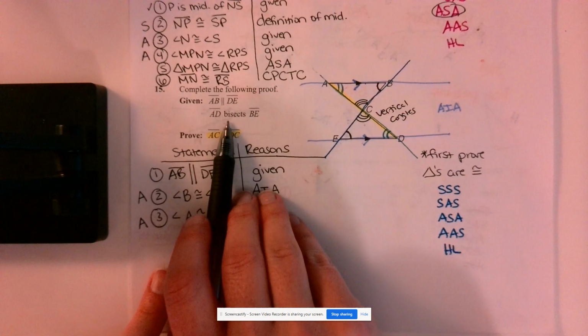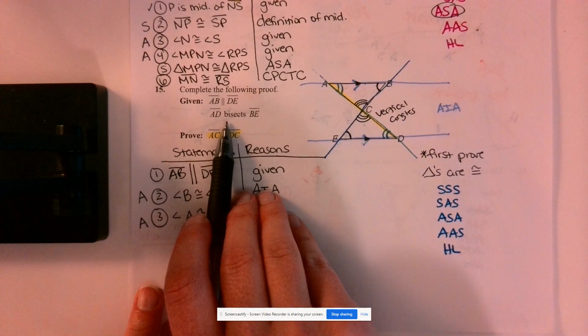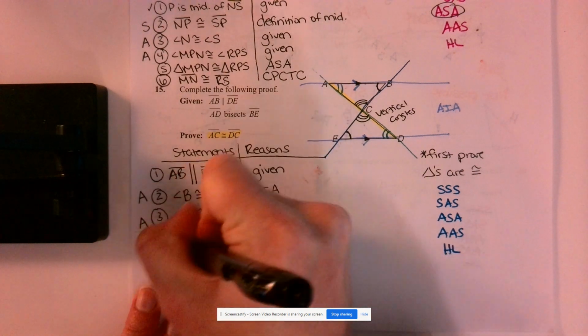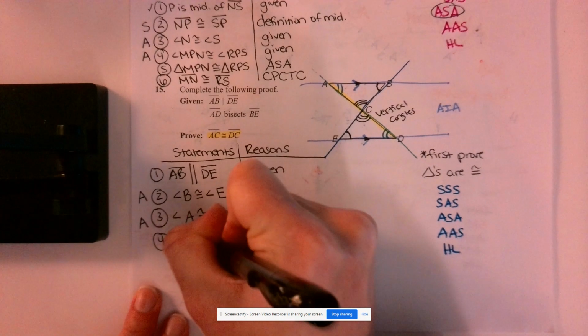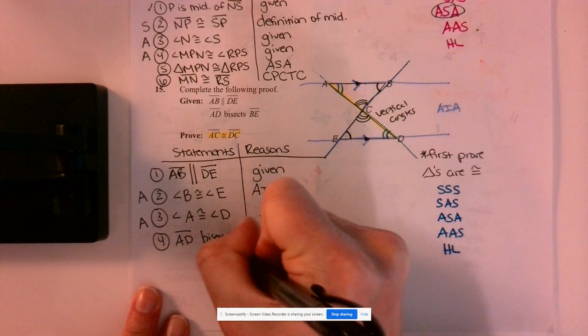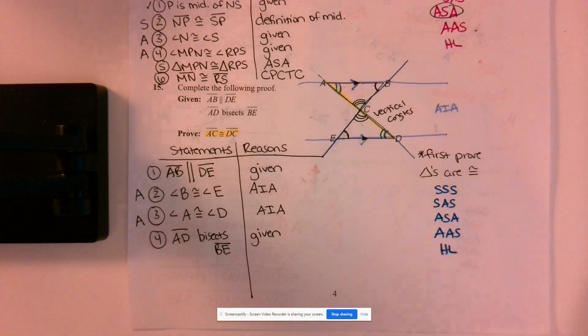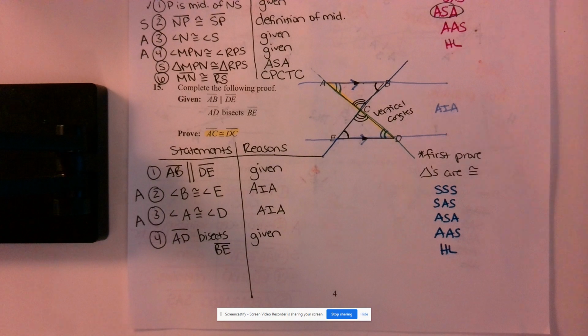We also have one more given to think about, and so I'm going to go ahead and put this given in my proof. Line segment AD bisects line segment BE. Let's think about what that means. So line segment AD is here.